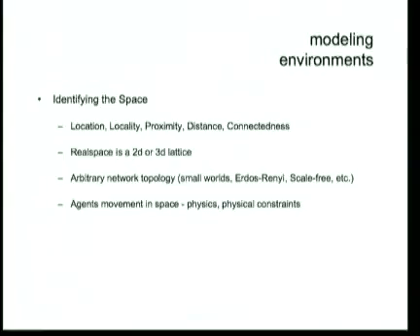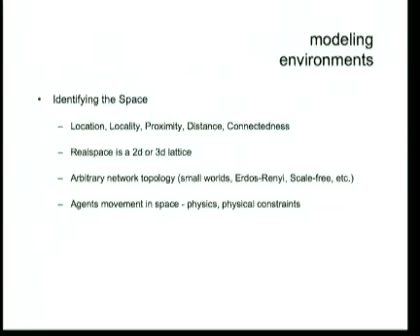In a lot of simulations these days, there's discussion of whether the topology is a small-world system, an Erdos-Renyi graph, or a scale-free, preferential attachment graph. These are very important topics because they can alter the effects of the simulation at scale and change the dynamics of the system under some circumstances.